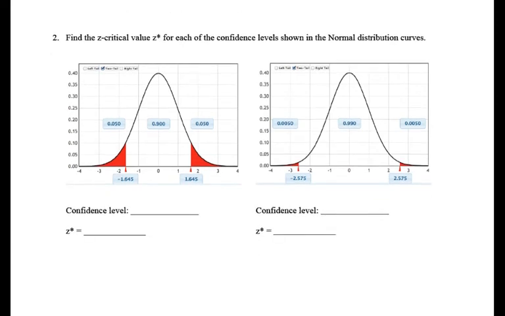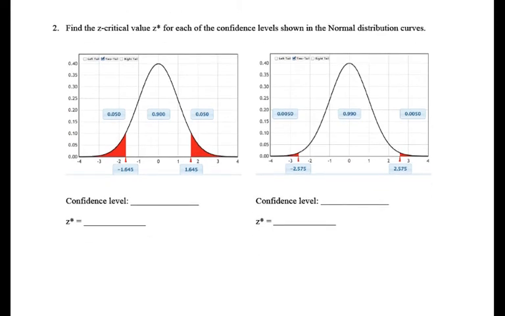So looking at these two curves down here, we can see that the first one seems to correspond to a 90% confidence interval because we have the center 90%, and that our critical value is 1.645.